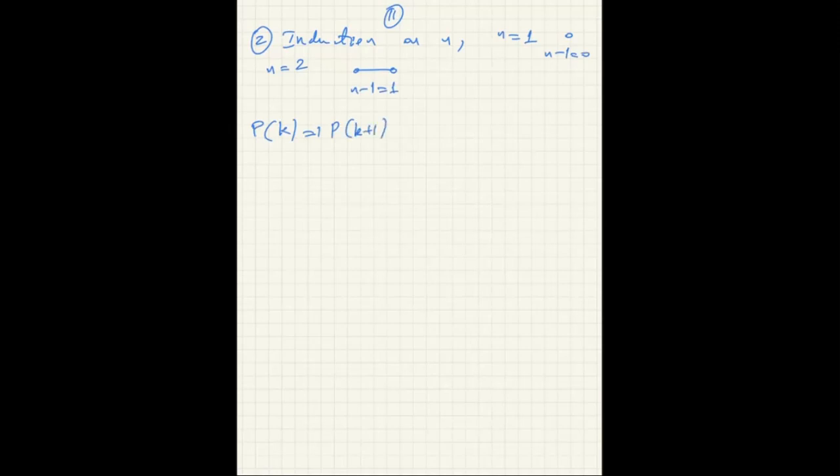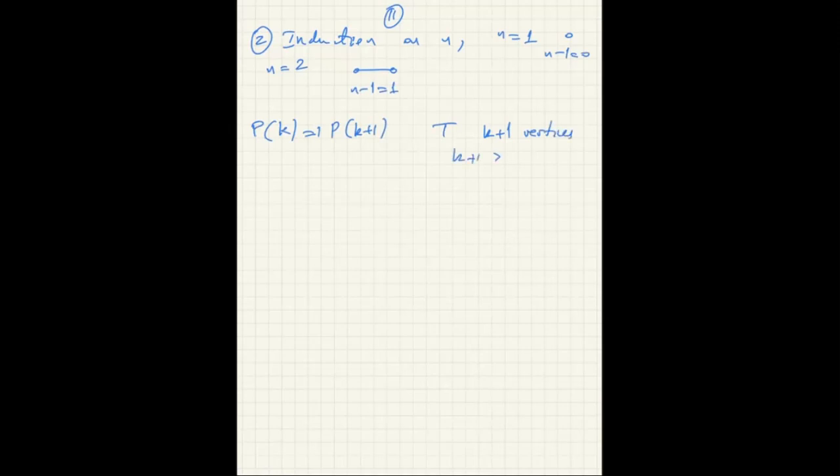Okay, and now quickly, I'm a bit out of time. For the second part, you use induction on n. For n equals 1, this is the only tree, so it has n minus 1 equals 0 edges. For n equals 2, this is the only graph, and n minus 1 equals 1. Then if you want to do P(k) implies P(k plus 1), the induction step, really quickly, you take a tree T with k plus 1 vertices.